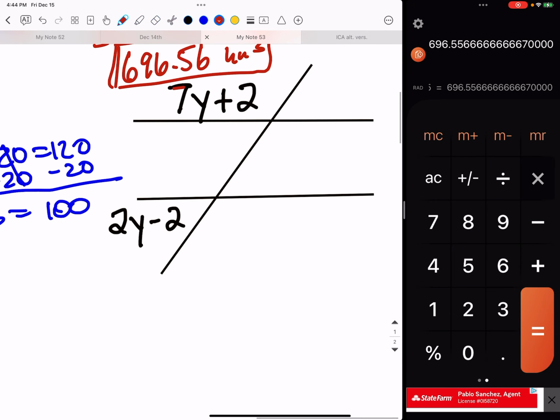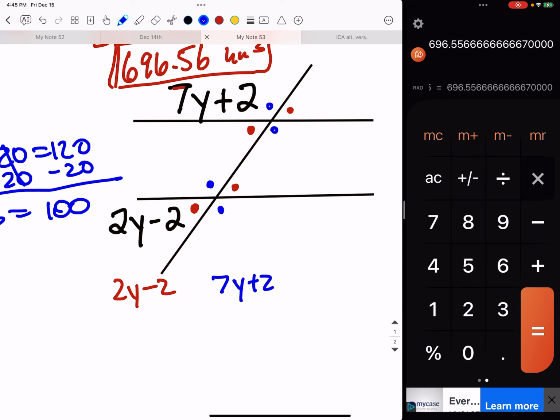Let's see. This one, the reds are the same, right? The diagonal to the right and the diagonal to the left are the same. Okay, so we have a red angle and a blue angle. So the 2y minus 2 and we have the 7y plus 2.